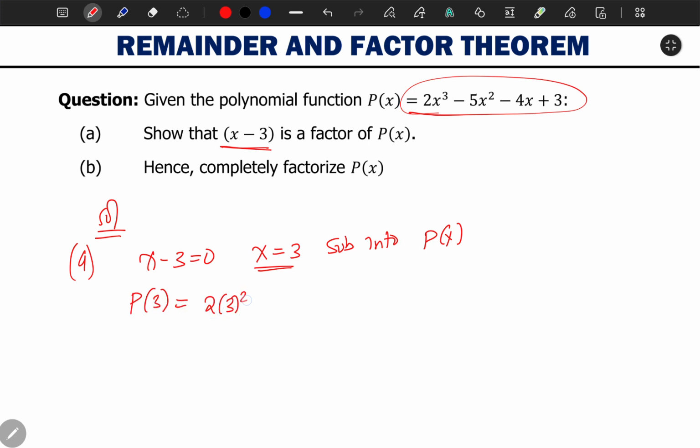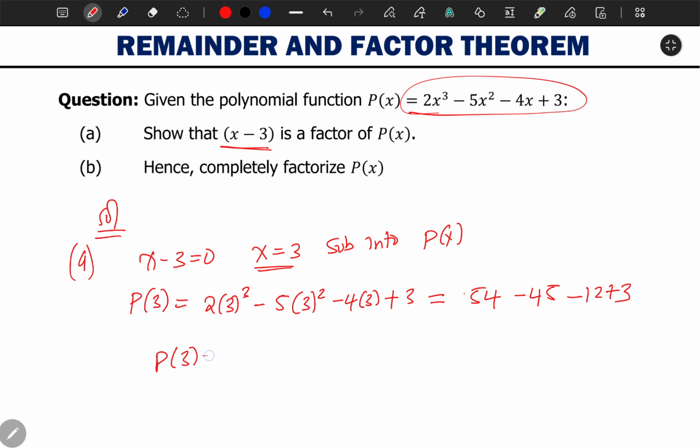So 2 times 3 cubed, minus 5 times 3 squared, minus 4 times 3, plus 3. Let's evaluate. We get 27 times 2, which is 54. This is 9 times 5, negative 45. And minus 12 plus 3.